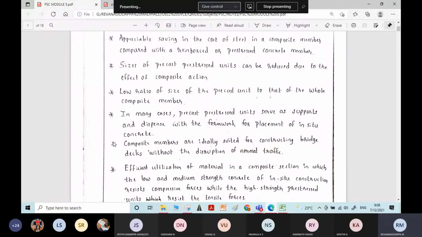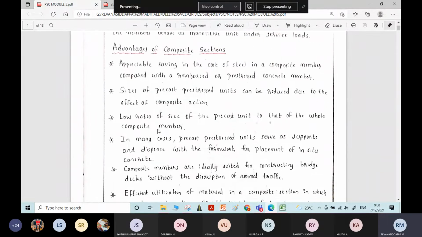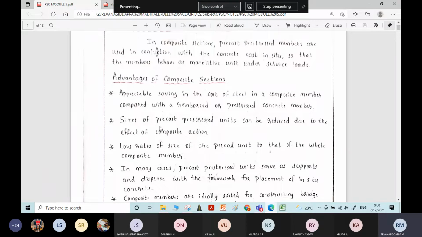In case of composite construction, these precast pre-stressed units sometimes serve as the formwork as well as support for cast in situ concrete. 70 to 80% of the formwork will be avoided, because the precast units themselves act as the formwork or the supports for placing the RCC or the cast in situ concrete.